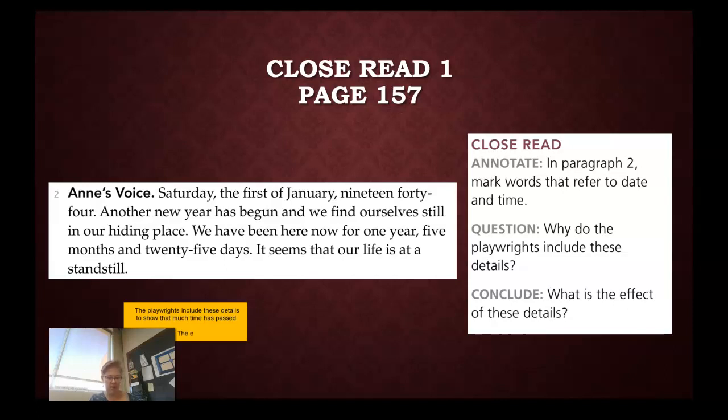The details show, this is that second question, that though life is passing, and we should change this, see? So when you don't like a word, you can go back and revise. Details show that though time is passing, Anne feels that her life has stopped, or she's not living her life.